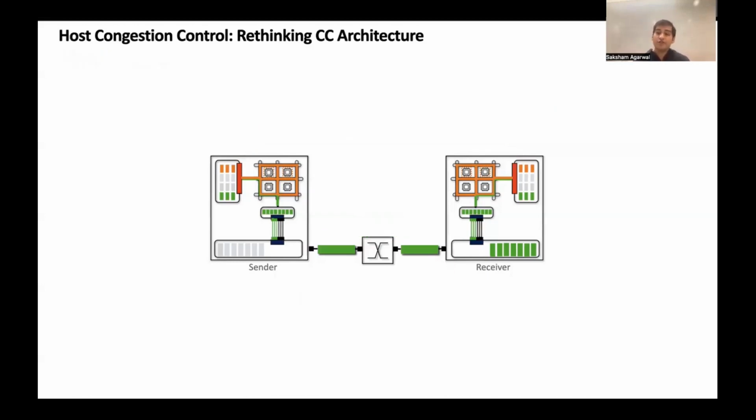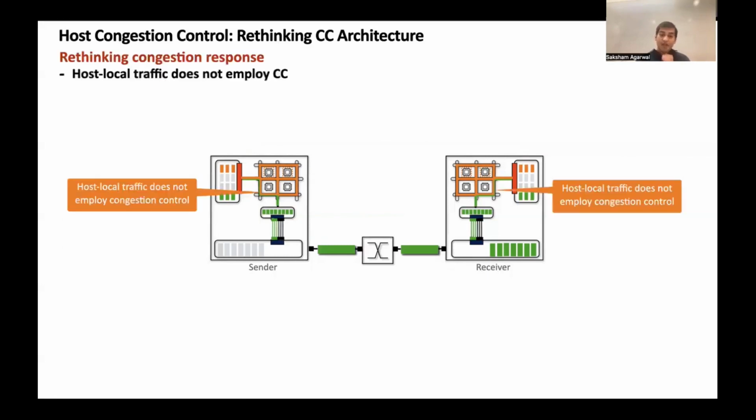Host congestion also requires us to rethink the congestion response. This is because of two reasons. The first is that, unlike network traffic, the host local traffic does not employ congestion control mechanisms. Classical CC literature that assumes that all competing traffic must adhere to the congestion control protocol can lead to starvation for the network traffic.